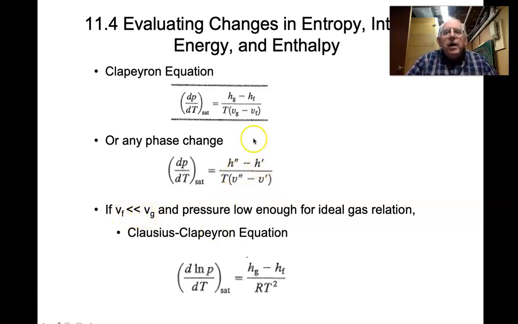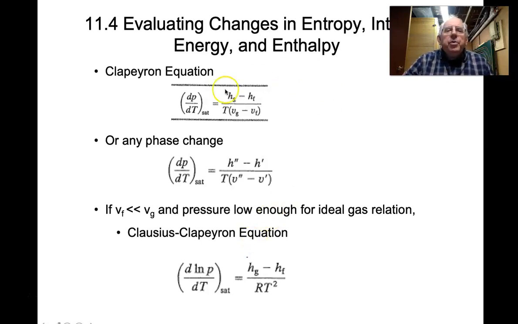And so this term right here can then be replaced with just V sub G because the V sub F is small. Now, we also know that the differential of the log of pressure is simply 1 over P times the differential of pressure.